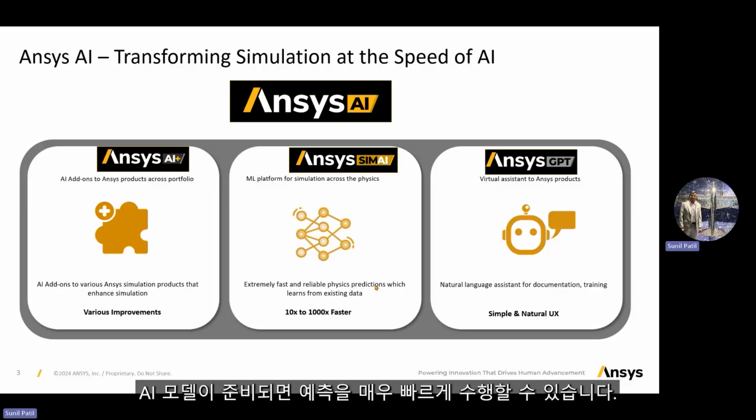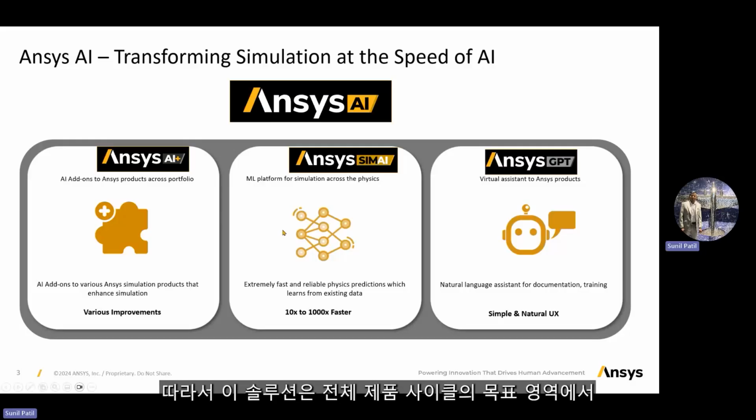And once these AI models are ready, these are extremely fast to carry out the predictions. And hence, this offering really helps to significantly, several orders of magnitude, increase speed in the targeted areas of the overall product cycle.